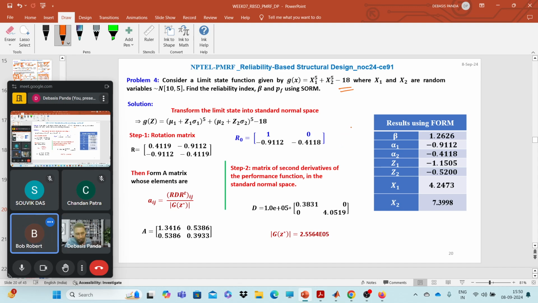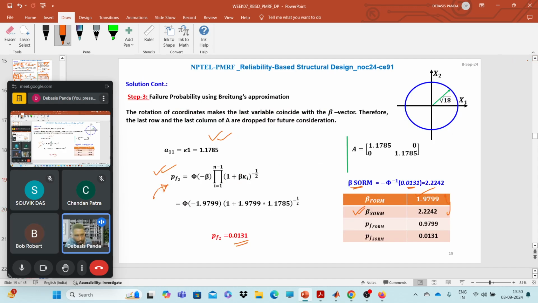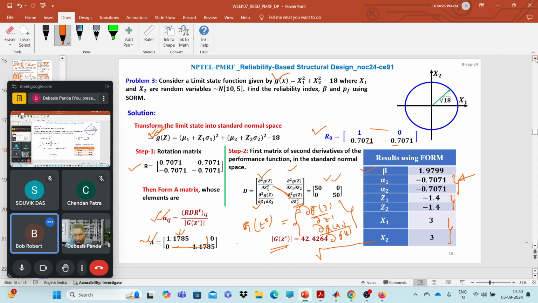Please, how did you get the square root of 18 in that circle? In the x1, x2 space, this is already given to you: x1 square plus x2 square minus 18. This is the equation of a circle, and the square root of 18 is nothing but your radius.